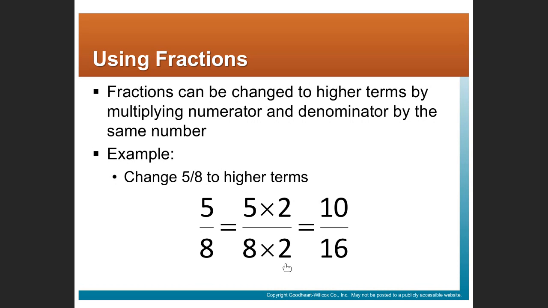So 5/8 equals 10/16. 5 times 2 is 10, 8 times 2 is 16. If we had 5/8 and something else that was in 32nds, we would multiply top and bottom by 4, right? 5/8 would be 20/32. 5 times 4 is 20, 8 times 4 is 32.